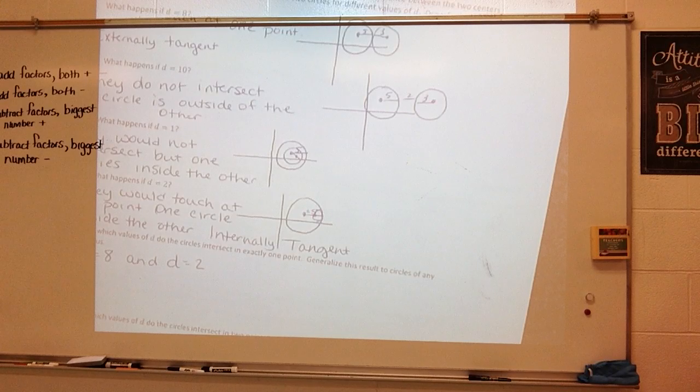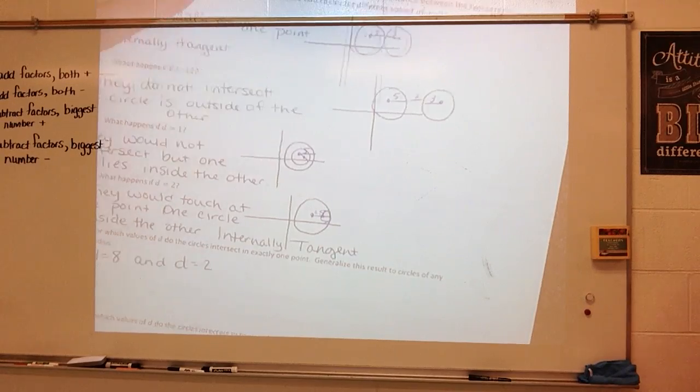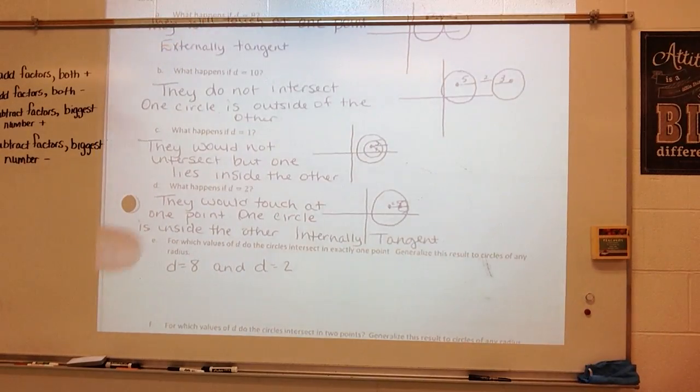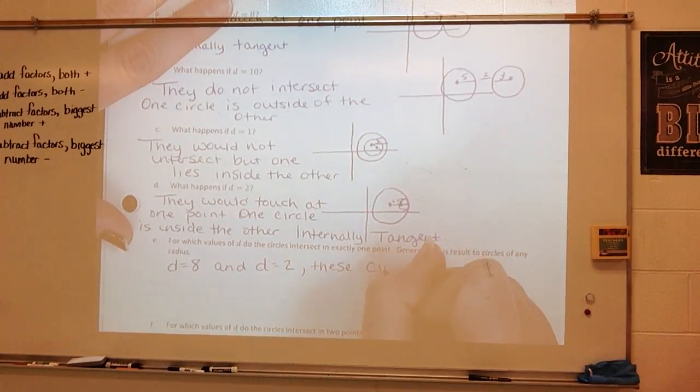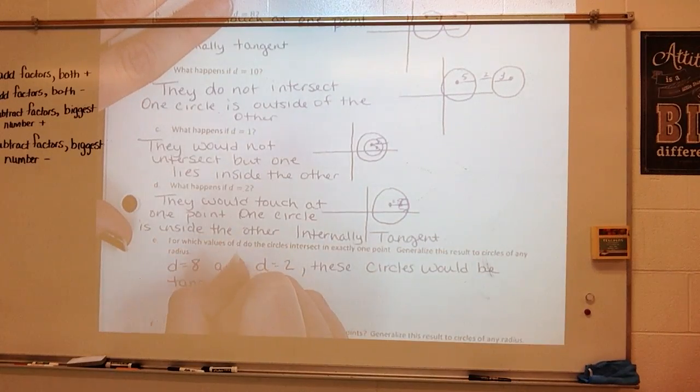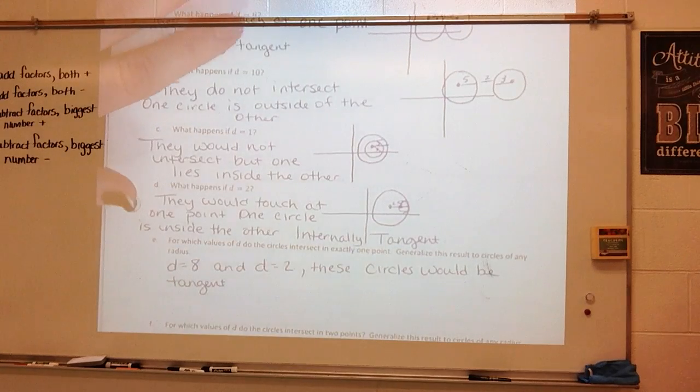Generalize this result to circles of any radius. So these circles would be tangent. We just said that they were internally or externally tangent. Okay? These circles would be tangent.